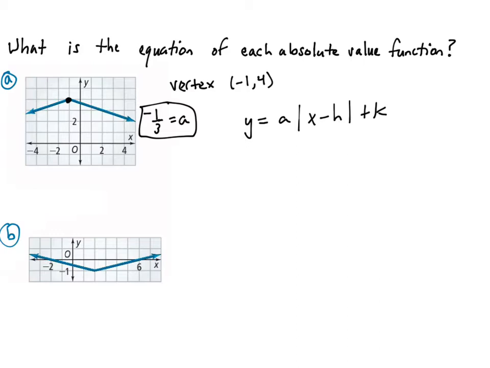This is h, this is k, and the right branch changed from a slope of 1 to a slope of -1/3, so that's our a value. Now we plug this in: y equals -1/3 times the absolute value of x minus -1, so that's plus 1, and then plus 4.